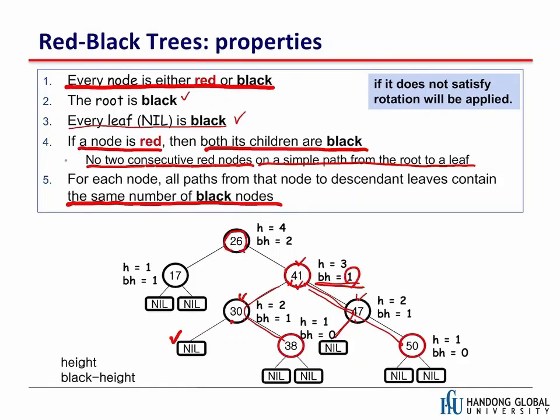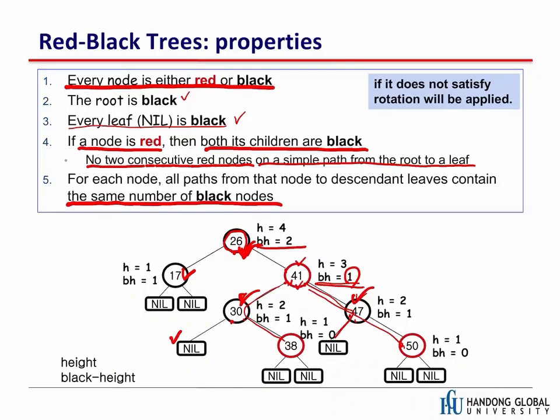How about this one? The height is 4: 1, 2, 3, 4. The black height is the number of black nodes: 1, 2, or 1, 2, or 1, 2. So in any direction, the number of black nodes on the path to the leaf node is 2.